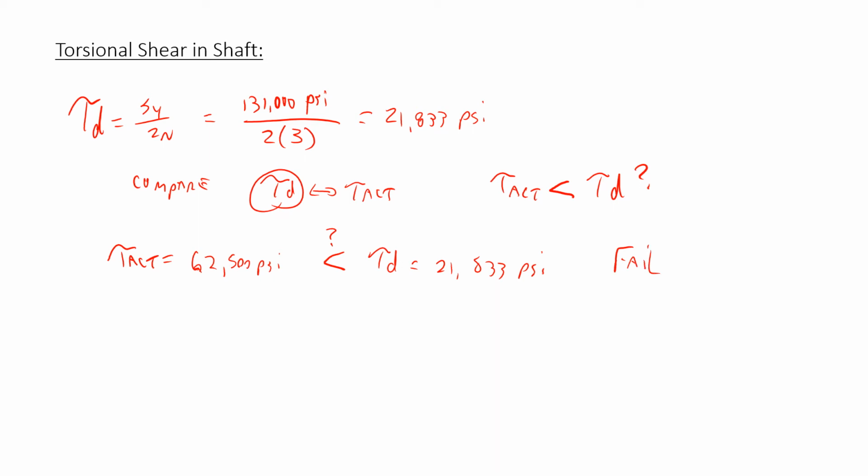So now we want to think about our options. What can we do to make this work? We're already using a pretty good piece of material. I think probably the obvious choice here is we need to increase the diameter of the driven shaft. What other things could we do?